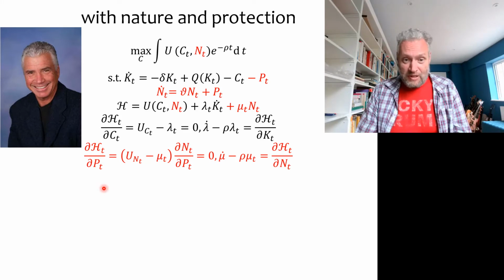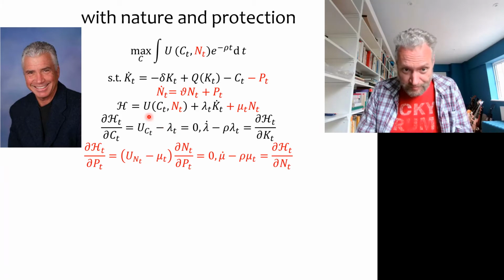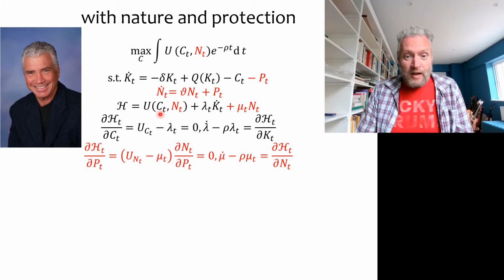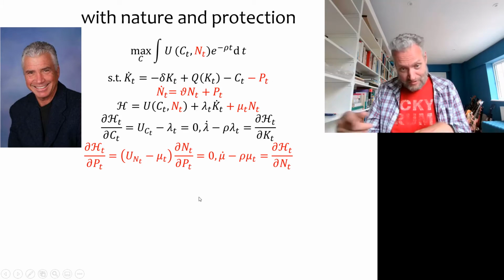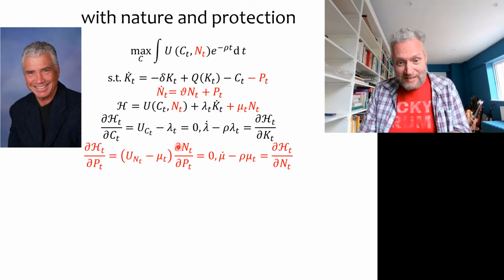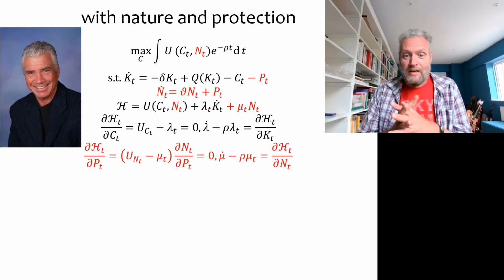The HDP is... N depends on P, right? So we have the U, the N, that's U sub N. And then, of course, we need the chain rule times the N dP. So that is one thing that we need. But then we also have this thing here.